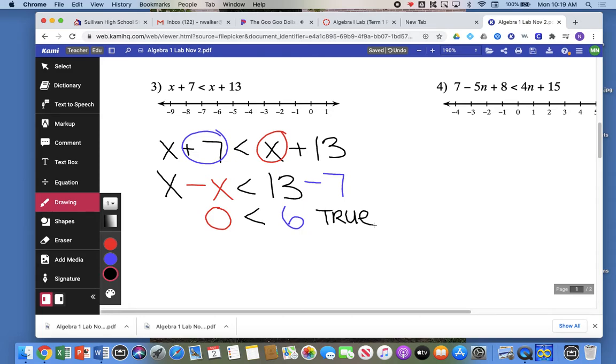So if this is all real numbers, we're talking about all the numbers. So do you think I should shade my number line? If it says all real numbers, what do I shade on my number line? All of it. So we simply just go like this. We shade it all. Everything gives me a true statement.